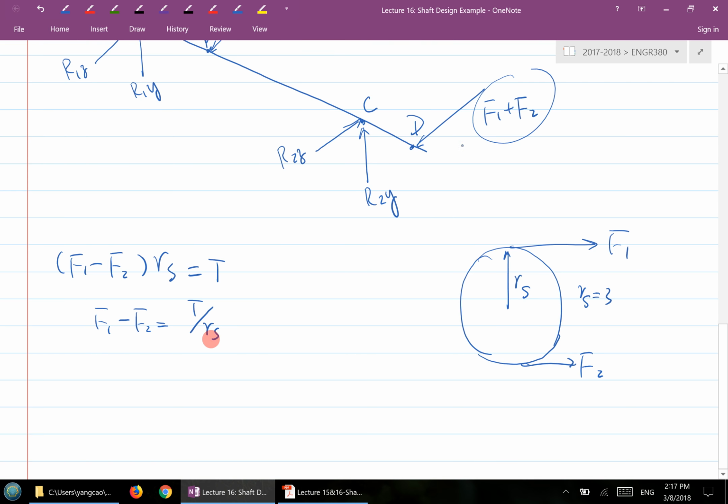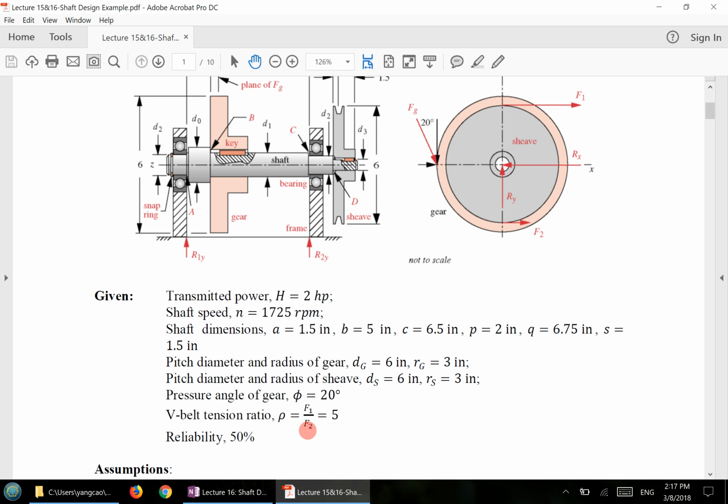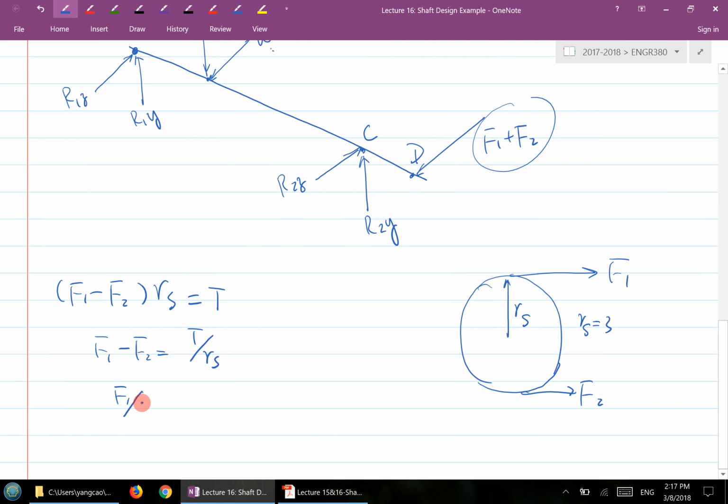And the second equation, the question has a ratio given to you. The belt tension ratio F1 over F2 is 5, so we can use that relationship. Two equations, two unknowns, and we can calculate F1 and F2.